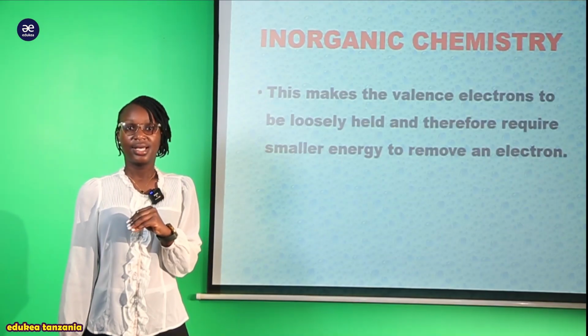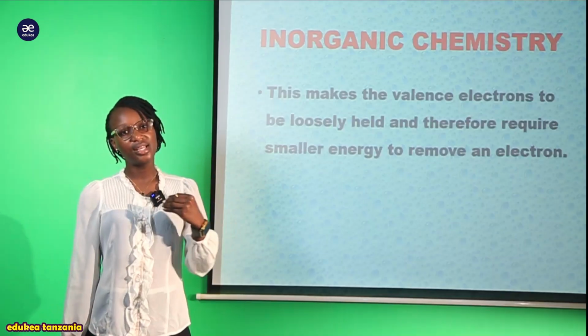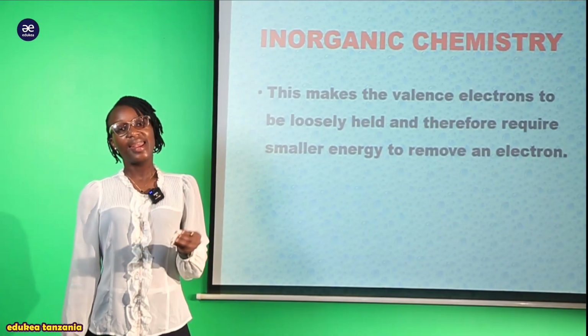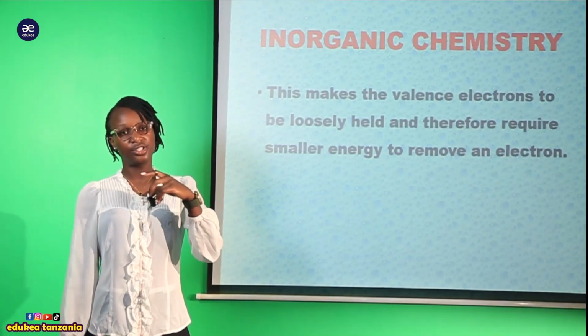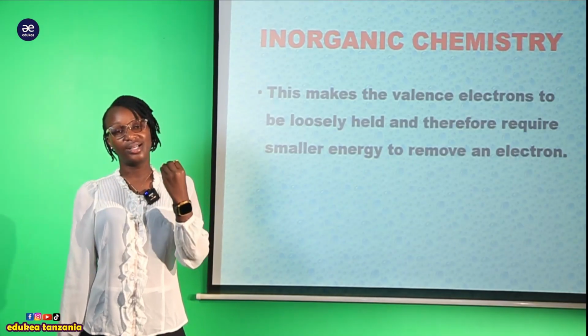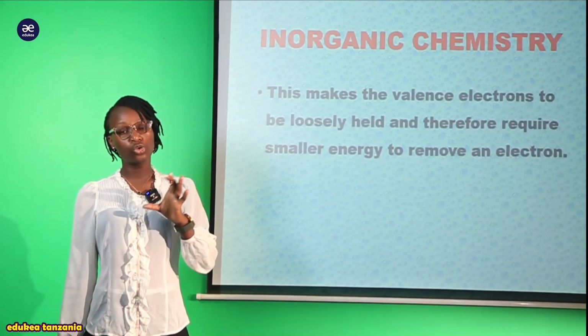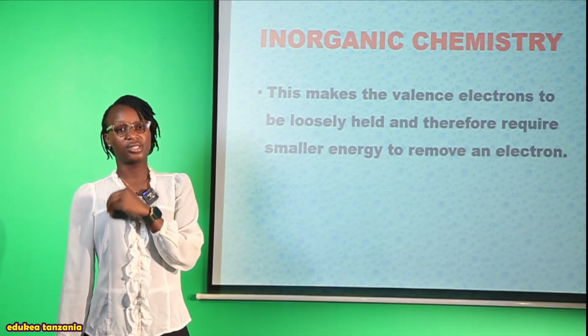By atomic size. Sasa tumeanza kusema kwamba atomic size increases with the increase in the distance between the valence electron and the nucleus. Kadri zile shell zinavyoongezeka, maana yake ile distance or the size of the atom inafanyaje? Inaincrease. Ambapo increasing of these two factors leads to the decrease in the attractive force.